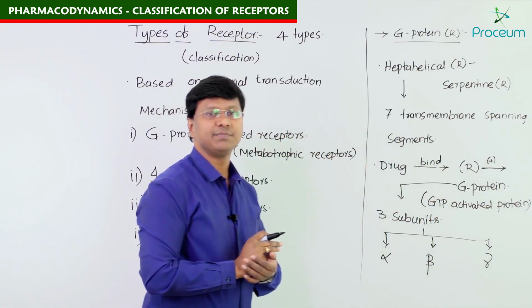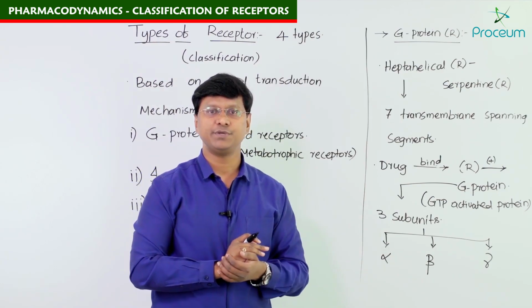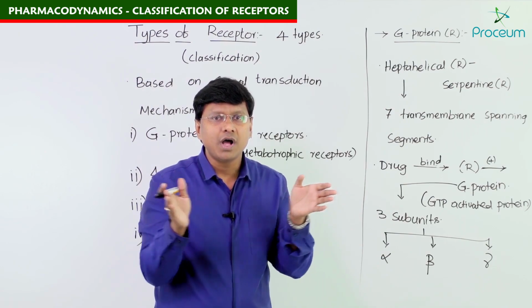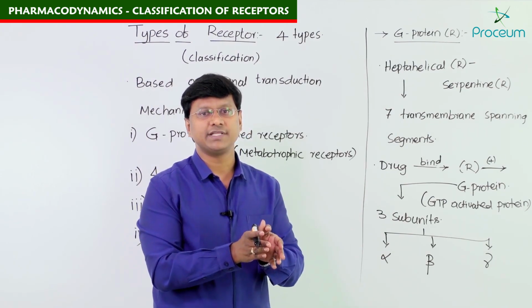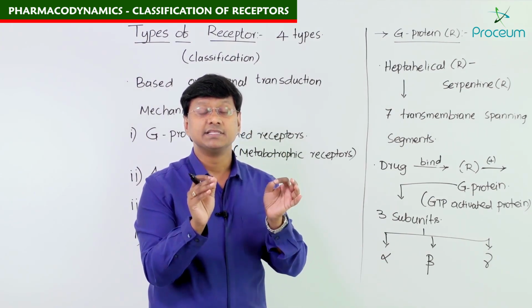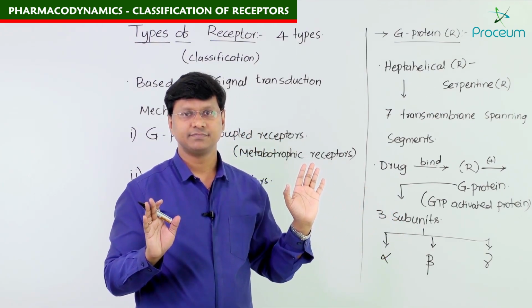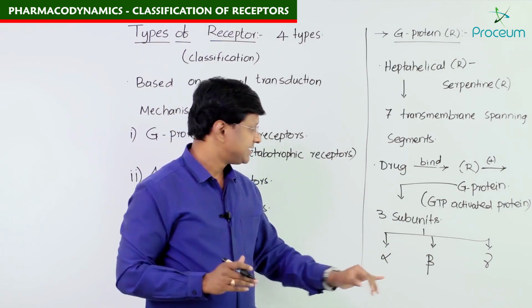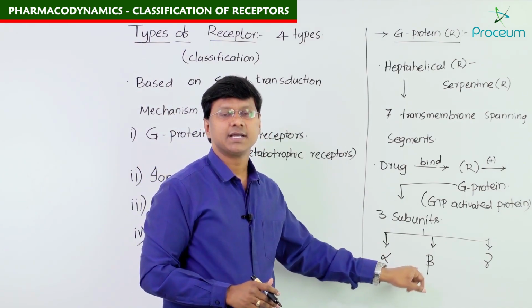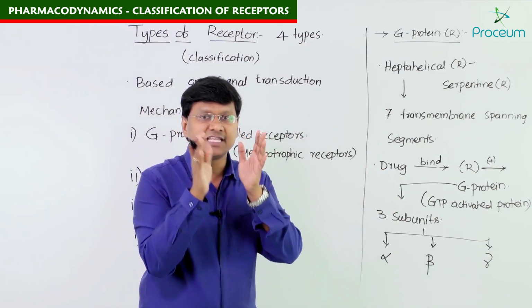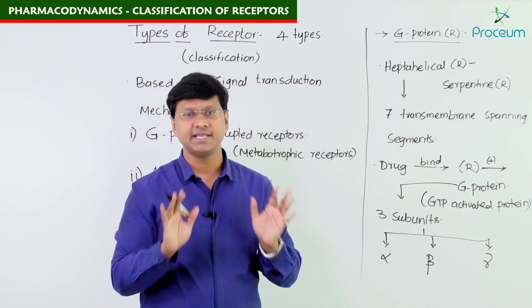Now remember, when all 3 subunits, alpha, beta and gamma, are joined together, that particular G protein is inactive.